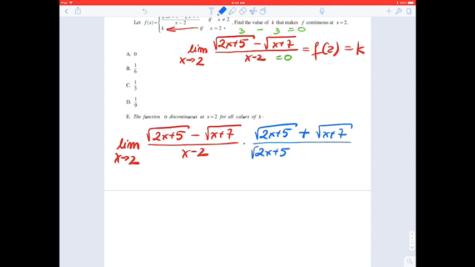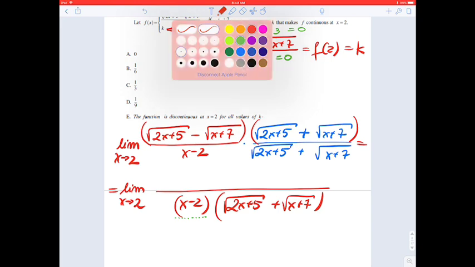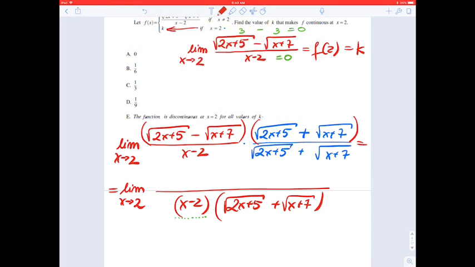I will multiply and divide by the conjugate expression of the radical one. I will distribute the conjugate, but I will not distribute x minus 2 in the denominator, because x minus 2 is my 0. I am looking for the same factor on the top. If I distribute x minus 2, I will spread out my 0 and I will never find it.